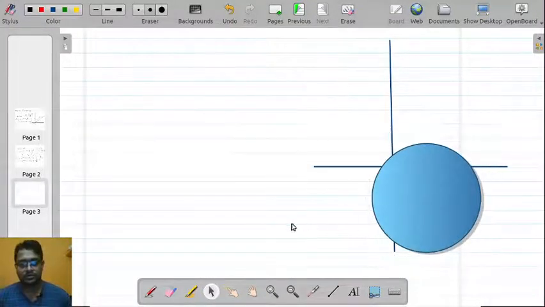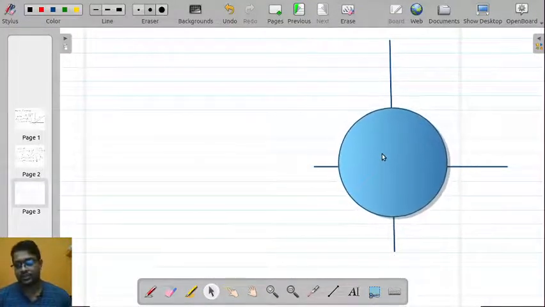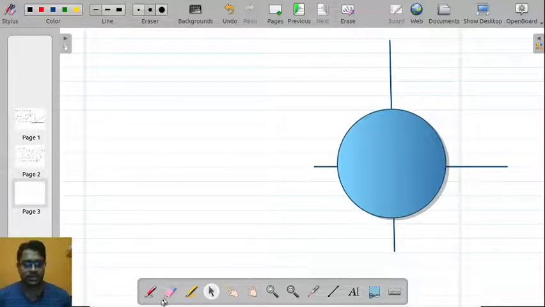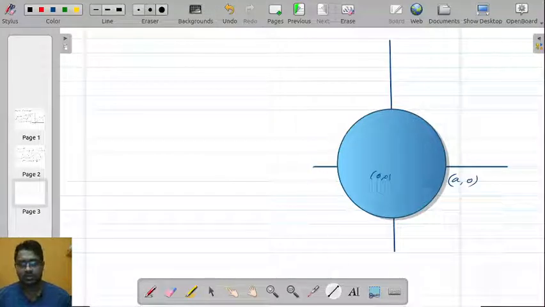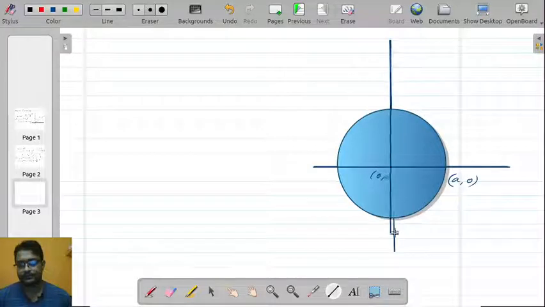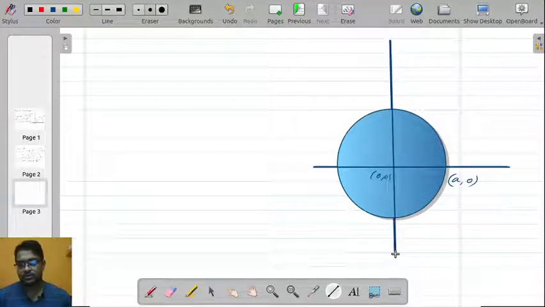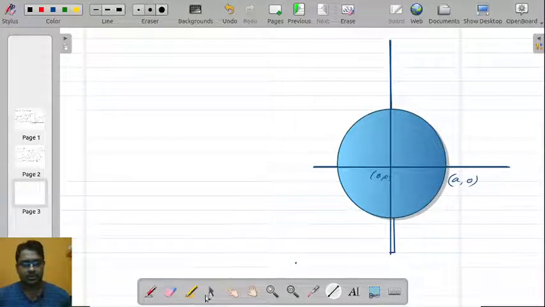Suppose this is the circular disc with the same radius a, and center is the point (0, 0). Let me draw the axes again: the x axis and y axis. So suppose this one.